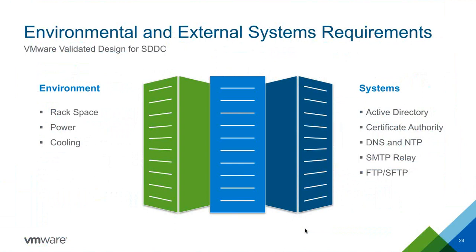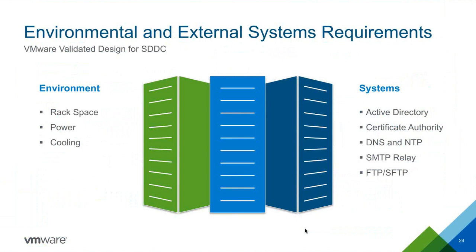As we're reading through the documentation for the 3.x design, the external system requirements are pretty minimal. You obviously want to make sure you have the right environmental systems and external systems. The environment being: do I have rack space to put this architecture into place in my data center or my colo, where have you?